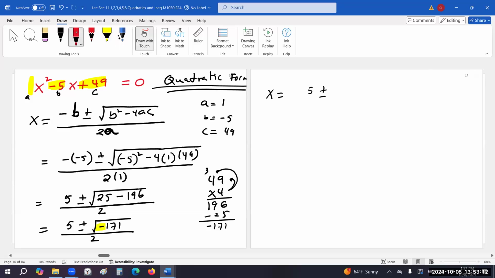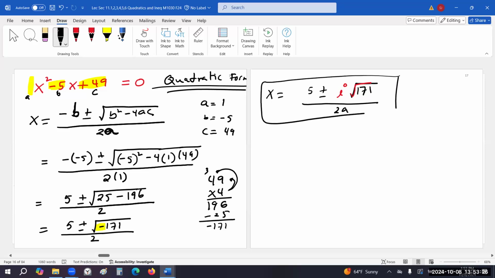It's i. So it's i square root of positive 171, over 2. You can think this is an answer because you cannot simplify, so it's over 2. Because you cannot do anything else, you get stuck.